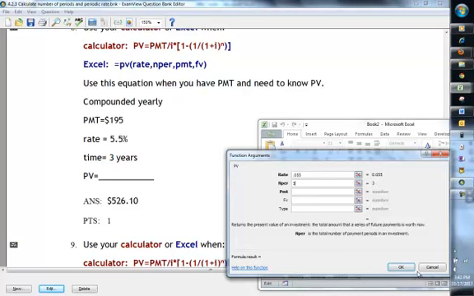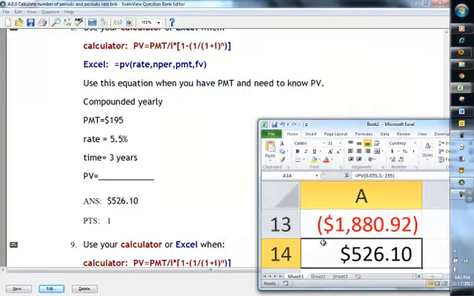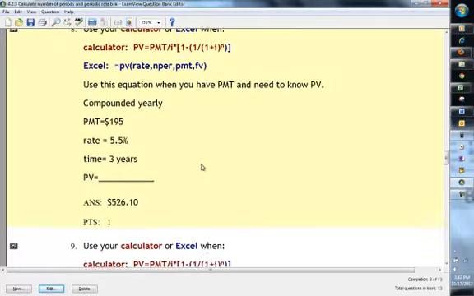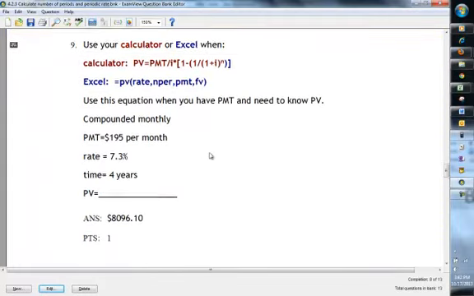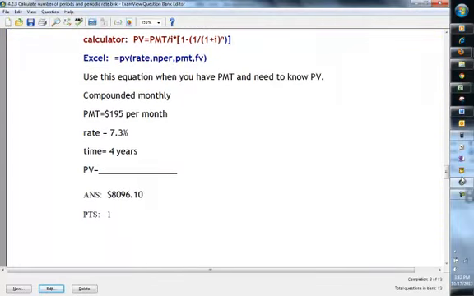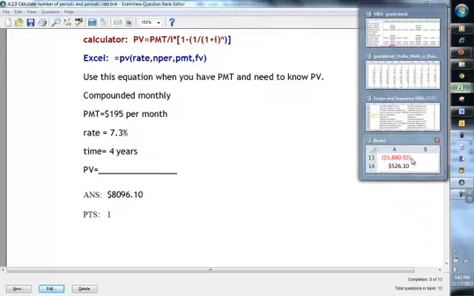And this time it says we have a payment. PMT is $195. And if you notice, if we write positive 195, it comes out with negative 526. If we write negative 195, it comes out positive $526.10. Have payment, need to know present value, same kind of problem.